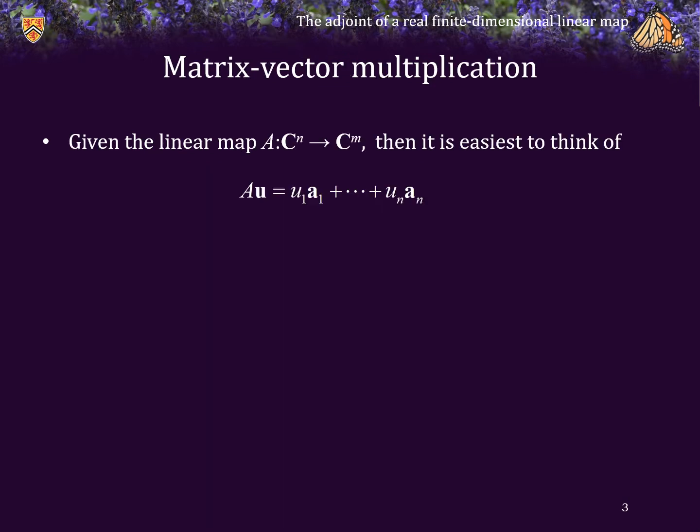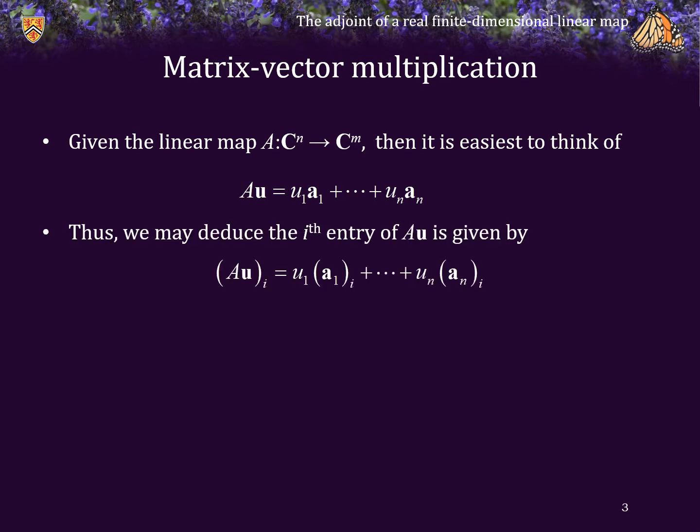Now, given a linear map A mapping Cn to Cm, it is easiest to think of A applied to U, or A times U, as a linear combination of the column vectors of A where the coefficients come from the vector U respectively.